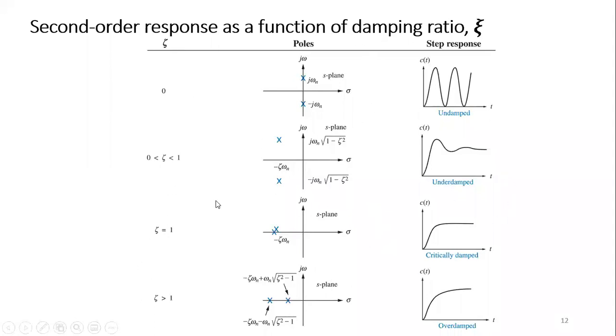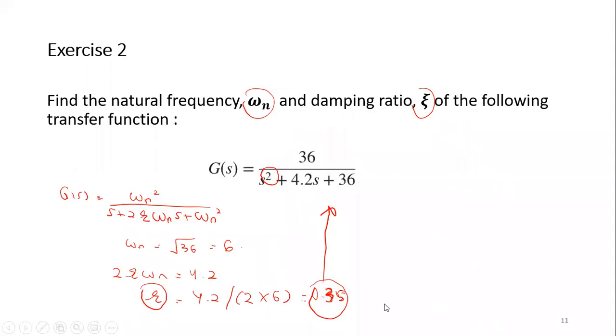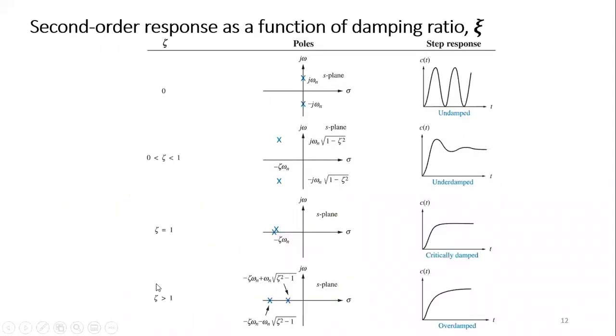So if you have the damping ratio 0.35, which is in between 0 and 1, you're going to expect that the system has two poles, with a real part and an imaginary part, which means that it is an underdamped system.